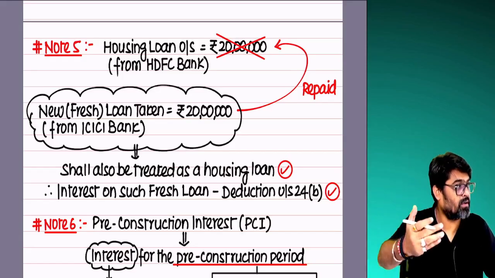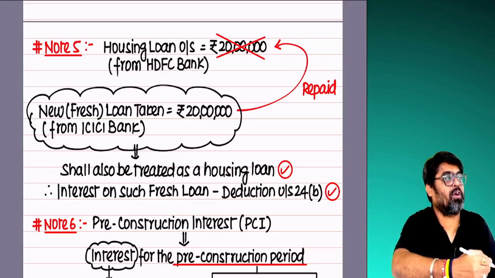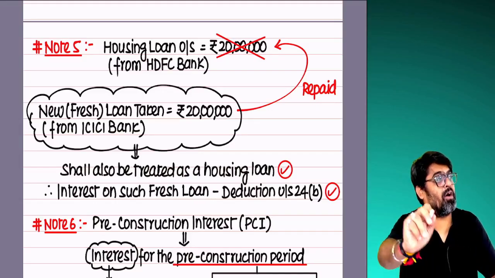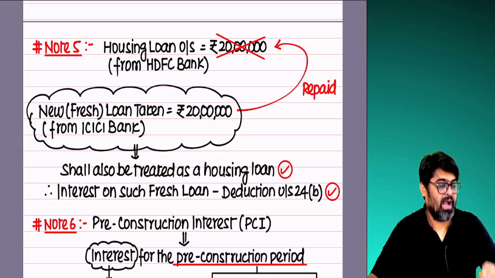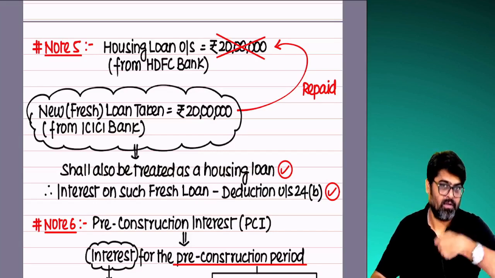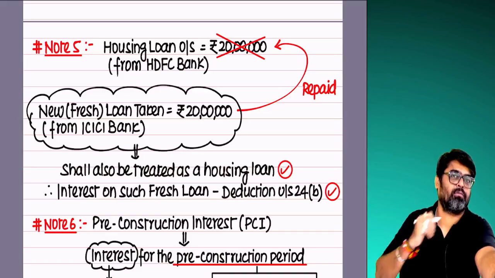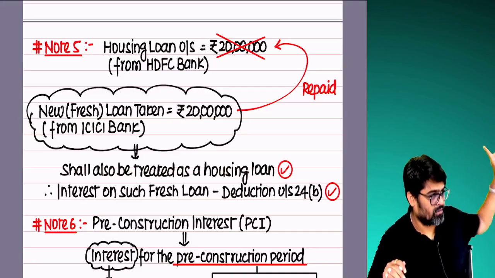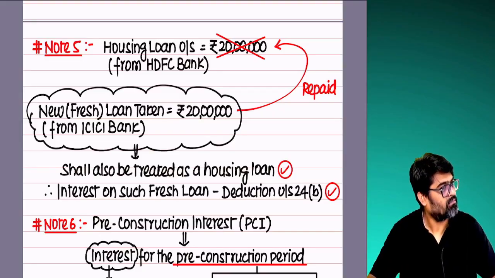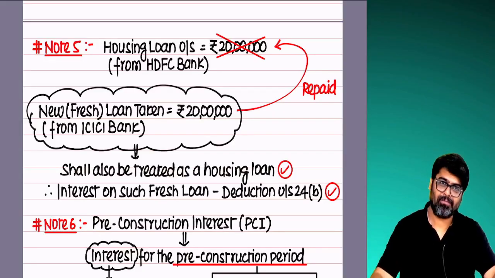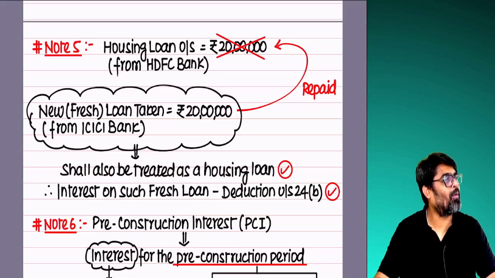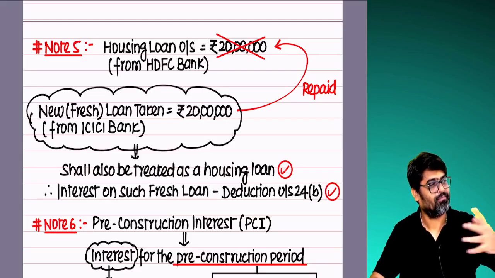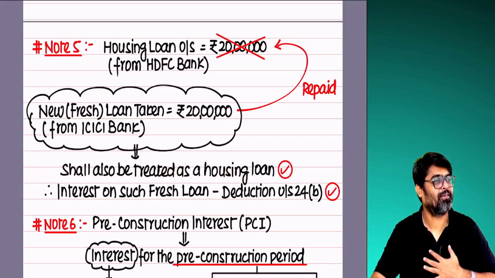That manager immediately wrote a check of 20 lakhs, handed it over to me. Sir, take the 20 lakh loan from us and pay this 20 lakh to that HDFC bank and become our valued customer. I said, wow, how much interest you are going to charge? Only 9%, sir. You are a valued customer for us.